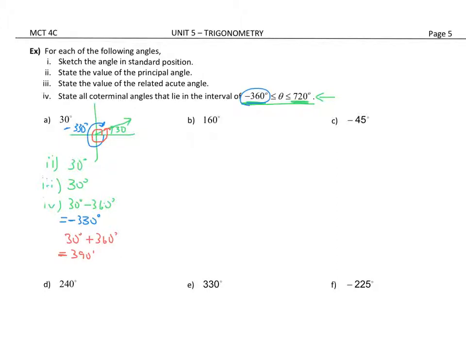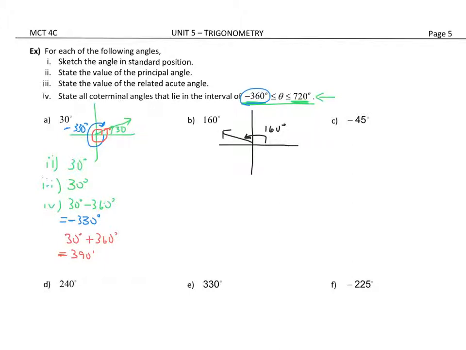Draw your angle in standard position, 160 degrees. Okay, 160 degrees is 20 degrees off of 180. So there's my 160 degrees, starting at the positive x-axis. 160 degrees.